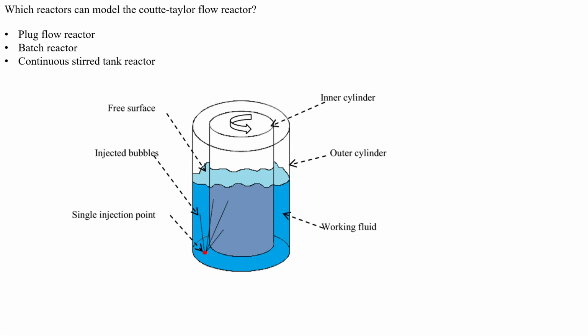Because of this, there is a factor called the Taylor number, where the inertial forces due to rotation are divided by the viscous forces. When your polymerization is progressing, definitely a viscosity change is there.